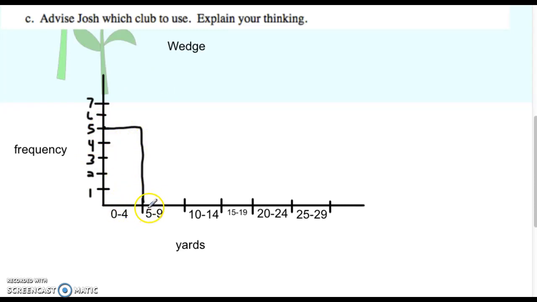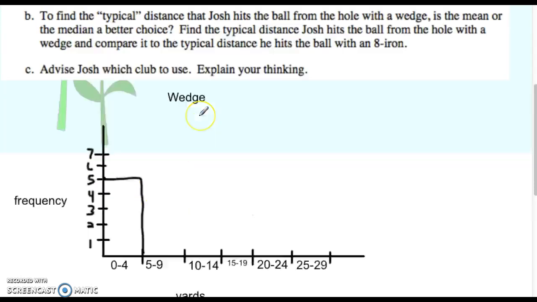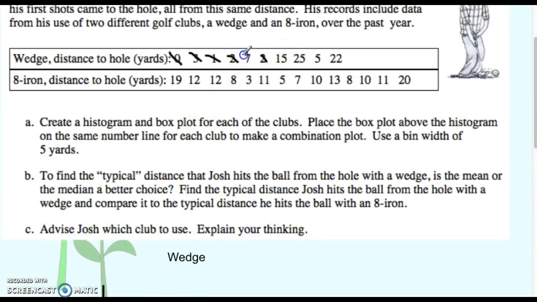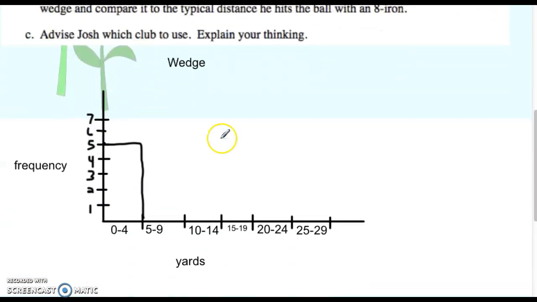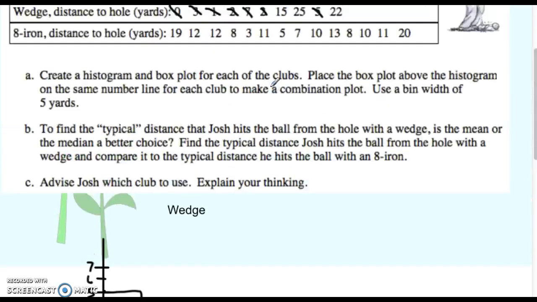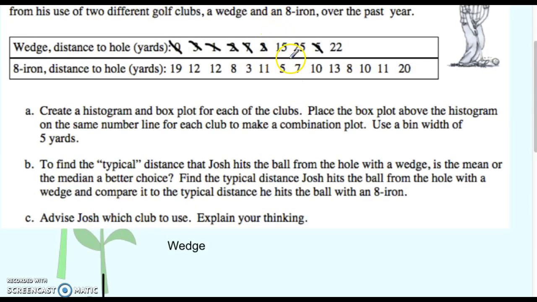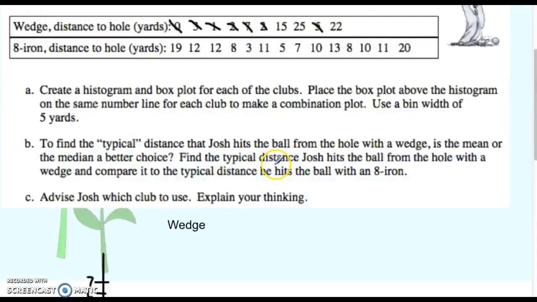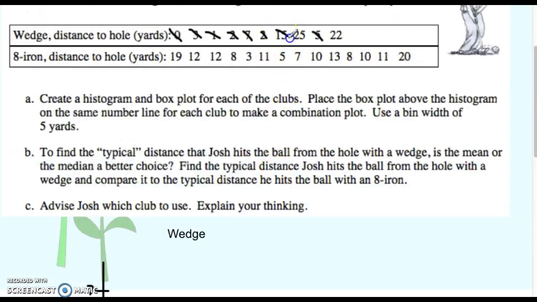Then I find out how many numbers are between 5 and 9. So I'm going to go back up here, and 7 is, so that's 1, and 5 is, that's 2. So then I'm going to draw 2 as my frequency between 5 and 9. Okay, now between 10 and 14, I have none, no numbers. Between 15 and 19, there's only 1.